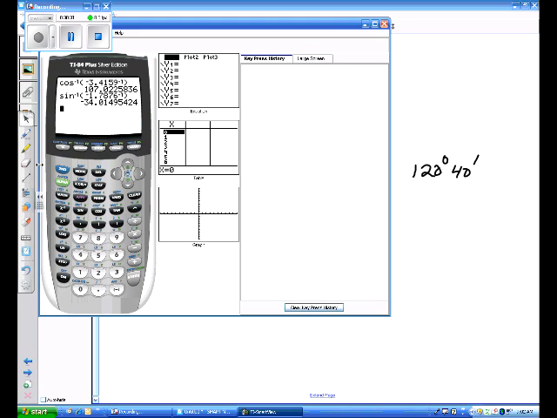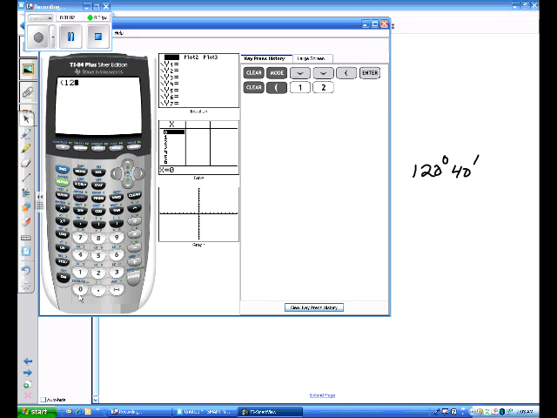So what we do is, first of all, we need to put our calculator in the radian mode. Whatever you're wanting to change it to is the mode that you want to have it in. Then we're going to put parentheses.